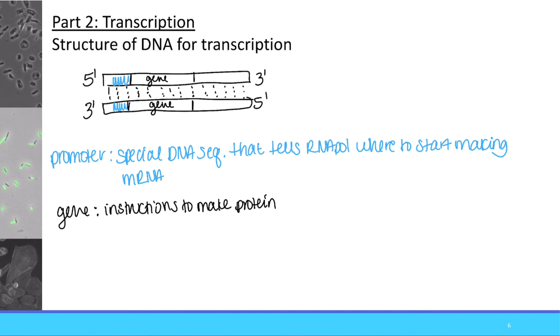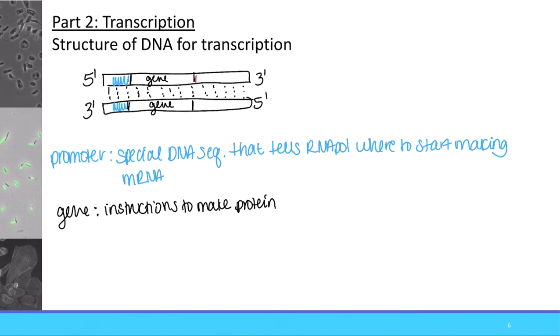This is where those instructions on which amino acids we add in come from. So we have a DNA sequence before those instructions that tells us where to start. It's basically like, hey, RNA polymerase, there's a gene coming up, you might want to start here, so you make sure you copy the whole thing. That's how you can think of a promoter.